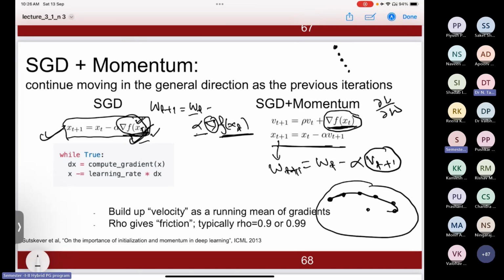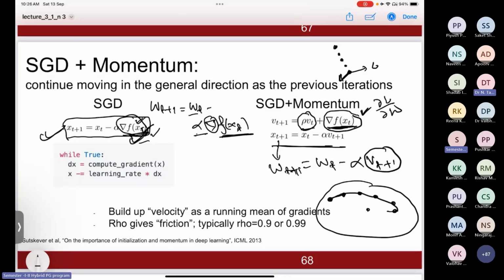Now if I'm here, at this point, similar to SGD, I'll find the gradient of loss with respect to W for this batch. That was also happening in the case of SGD. But now I have added one extra term here. And what is this extra term?